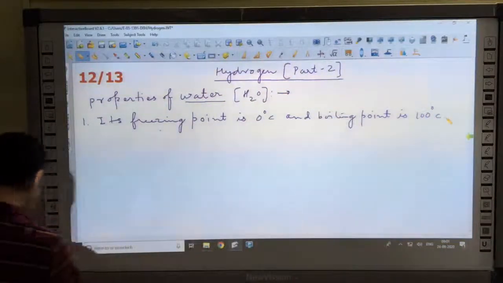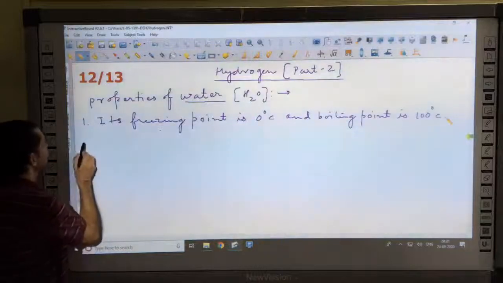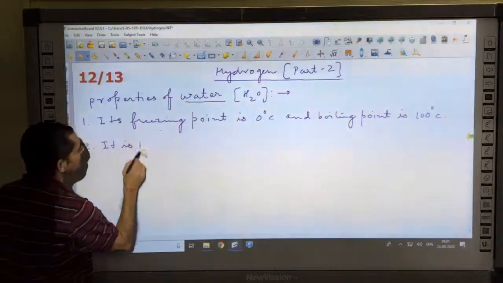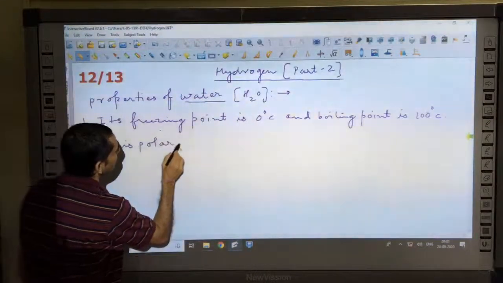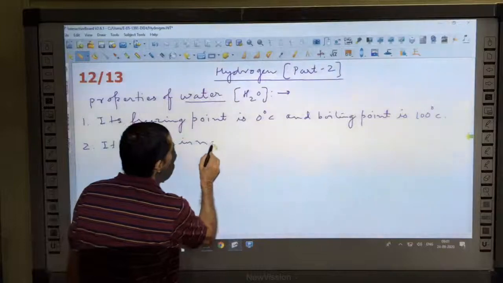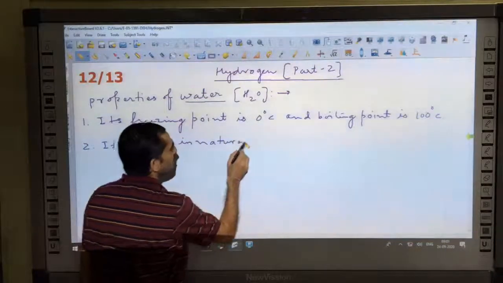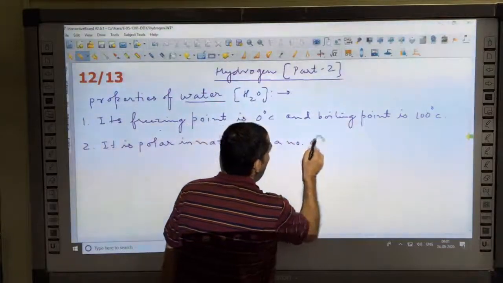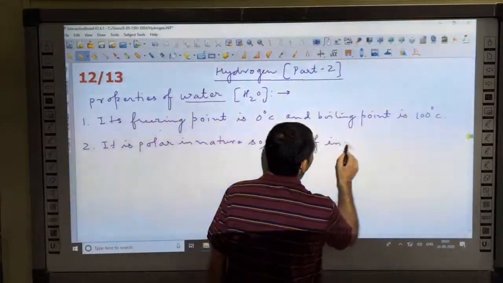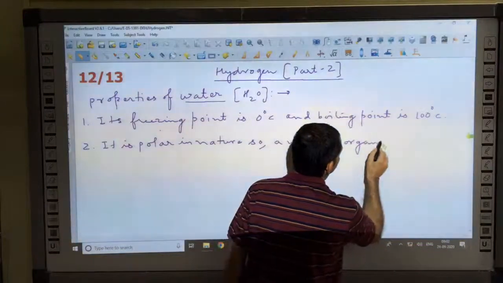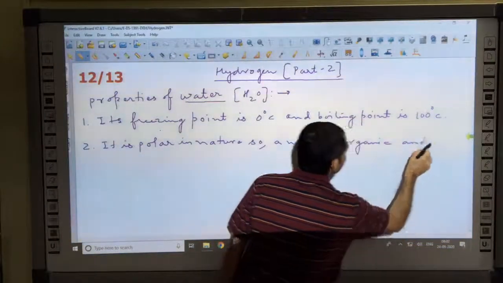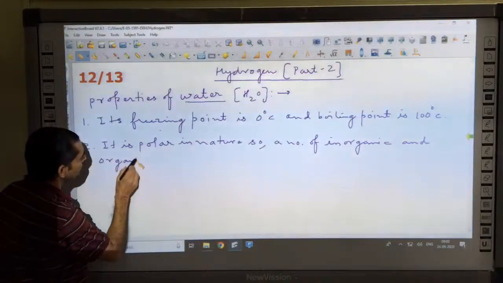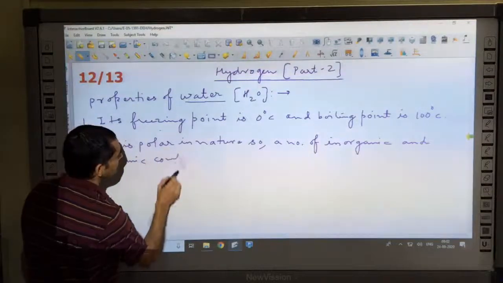Number second, it is polar in nature. Water is polar in nature, so a number of inorganic and organic compounds are soluble in it.